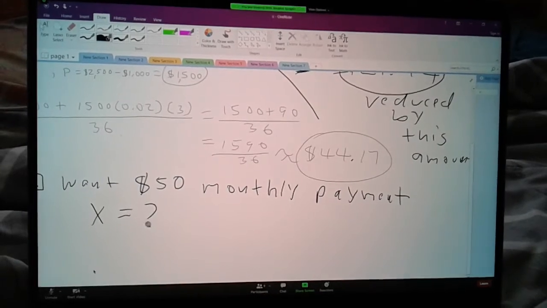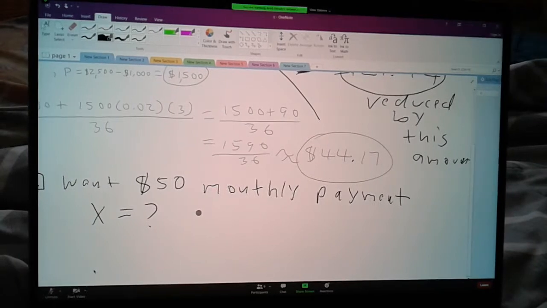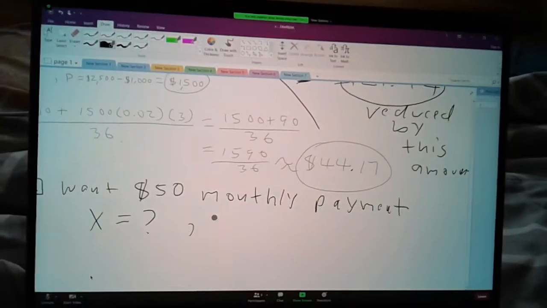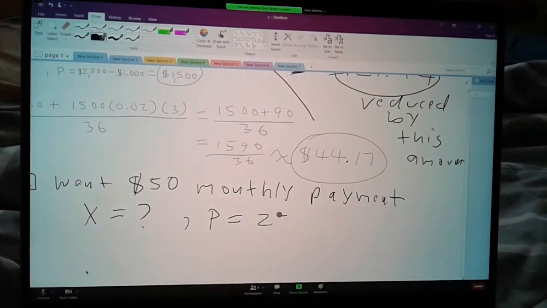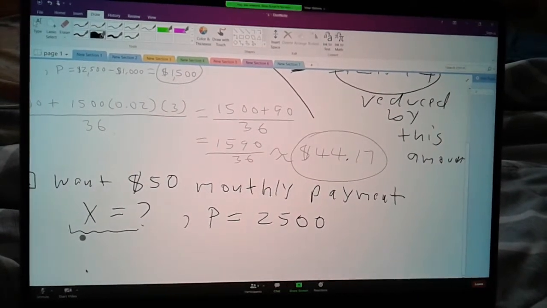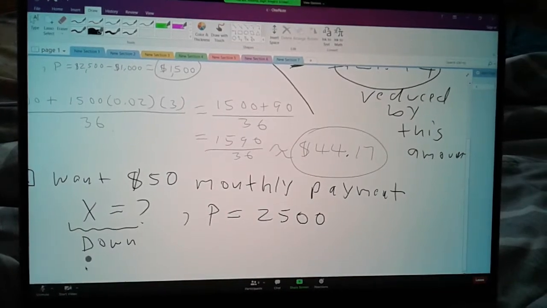So let's say that you want to have $50 monthly payments. So your original price was $2,500. So your P is going to be 2,500 minus the down payment. So this is going to be the down payment that we don't know how much you have to pay up front.